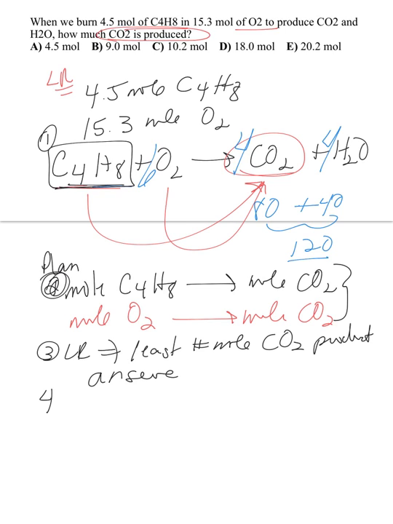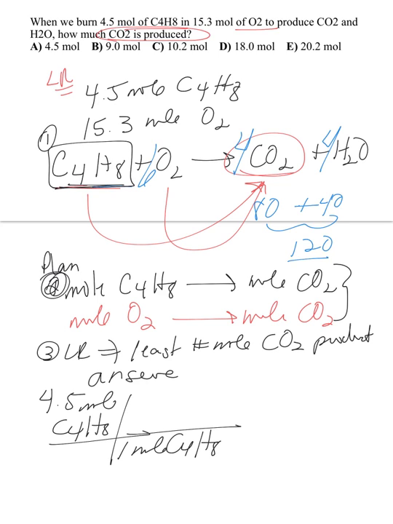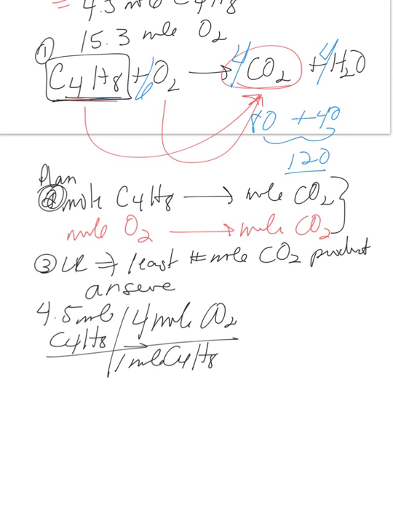We have 4.5 moles of C4H8, and for 1 mole of C4H8, we have 4 moles of CO2. If we do the math on that, we get 18 moles of CO2.